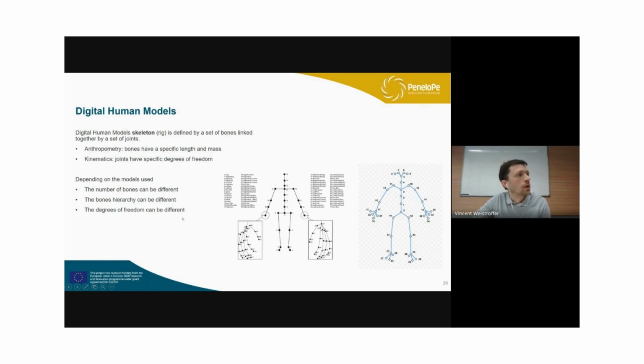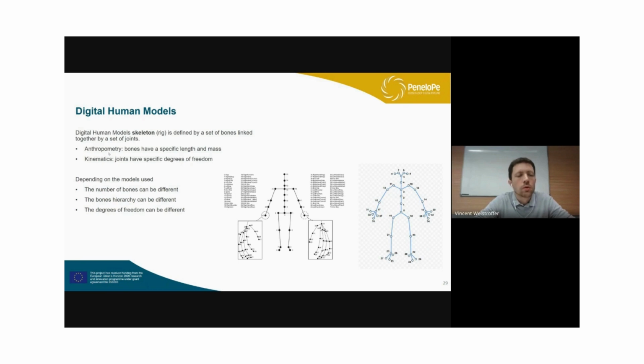So the idea is that you have a hierarchy of bones, and what is important to see is that the anthropometry of this digital human model is actually defined by different lengths and masses. So each bone has a different length and mass.